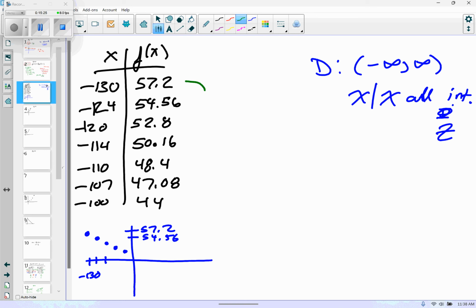So let's see, what do we do from here to here? 57.2 minus 54.56. So it looks like minus 2.64.